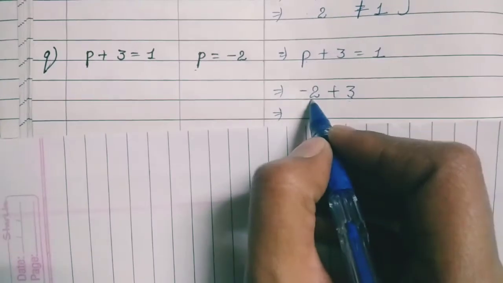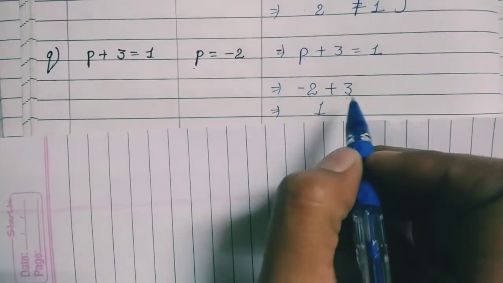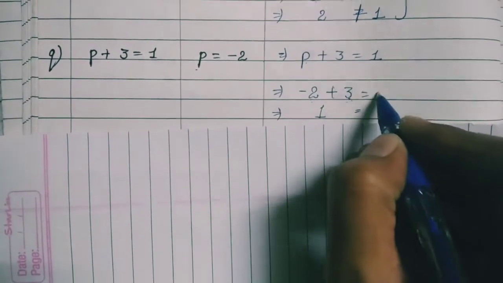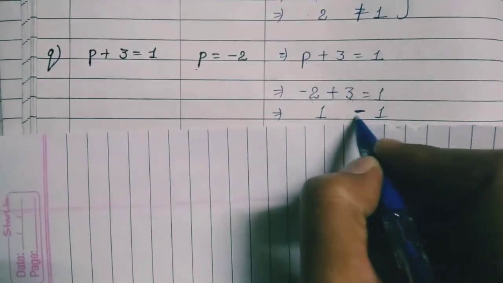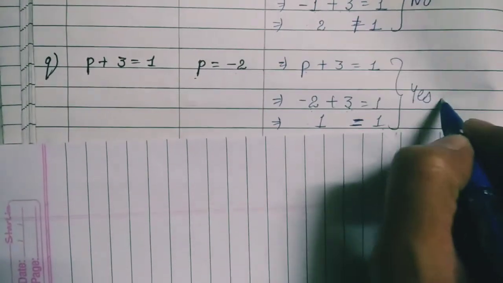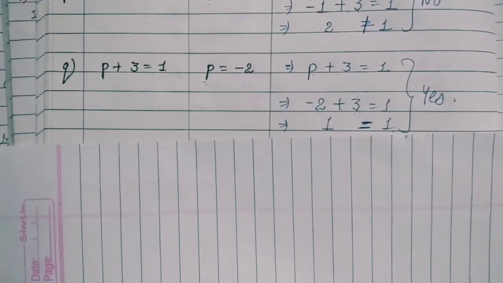So 3 minus 2 is 1. And who is the greater number? 3 is the greater number. So its symbol will remain. And already we have the right hand side with 1. It means yes, it is satisfying for p is equal to minus 2 for the equation.